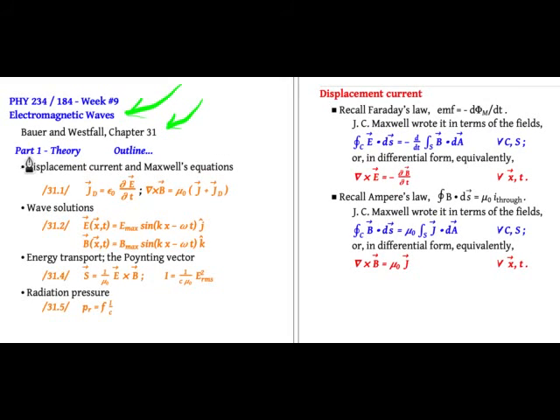So in this week, week number 9, chapter 31, this is part 1 of the screencast, the theory. And here are the topics. First of all, displacement current. We've learned about charged particle currents.